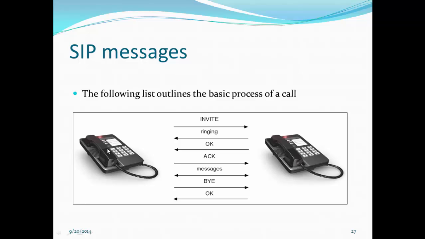When phone A wants to make a call to phone B, it sends an invite method. Then phone B sends a ringing and OK, and then phone A sends an acknowledgement method to phone B. When both of them say OK or acknowledge, both parties can start the conversation.